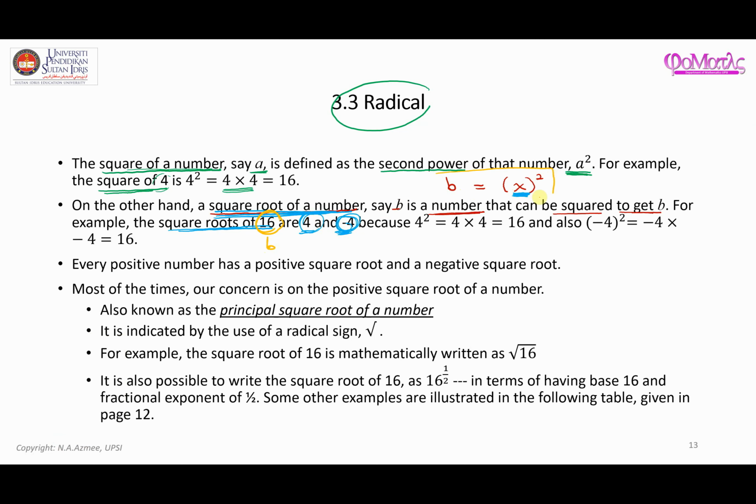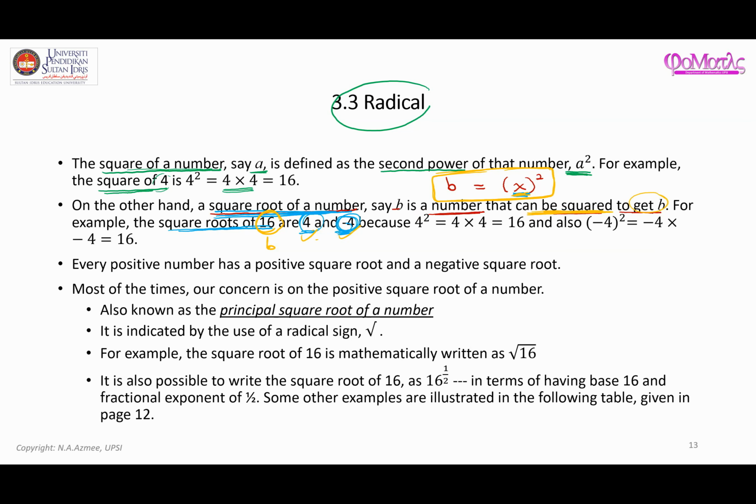According to what I have written over here, square roots of 16 is this value here x, where x is 4 and negative 4, because these are the values that when you square it, you will get b.